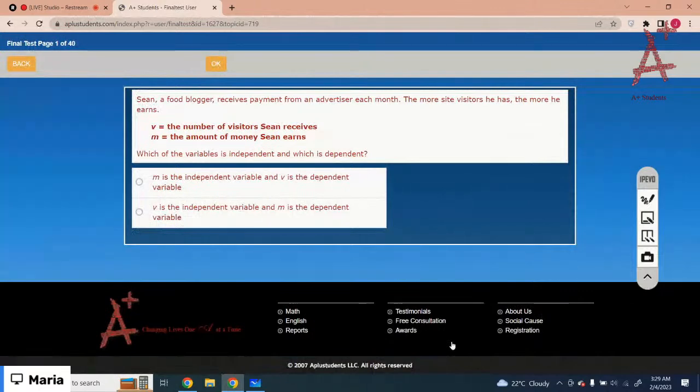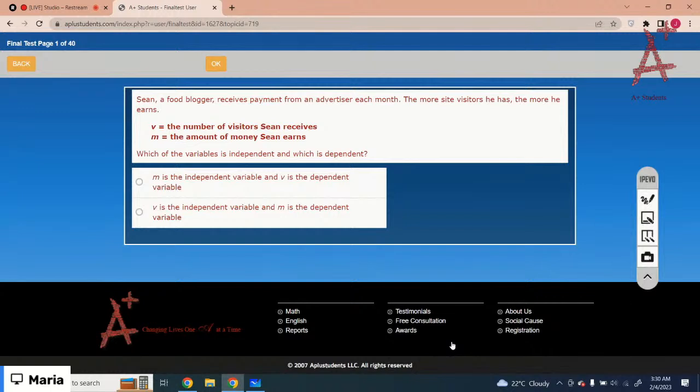Okay, the next one is: Sen, a food blogger, receives payment from an advertiser each month. The more site visitors he has, the more he earns.